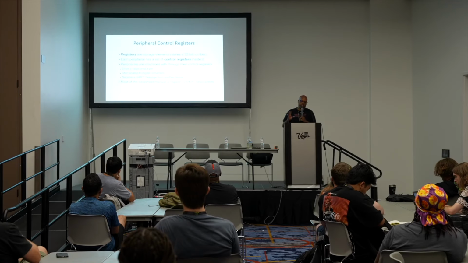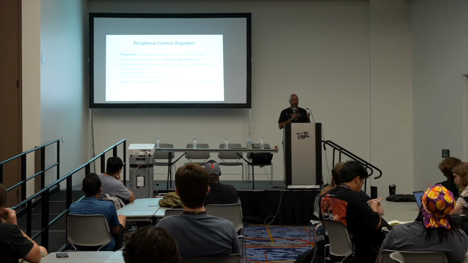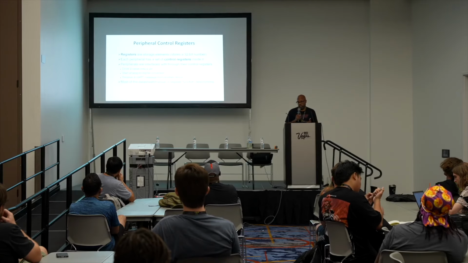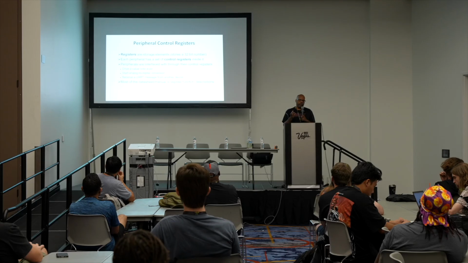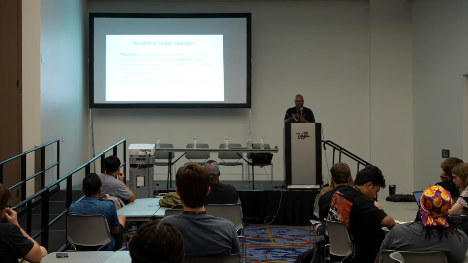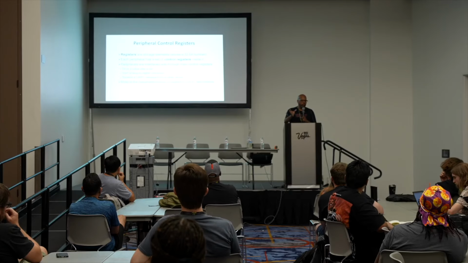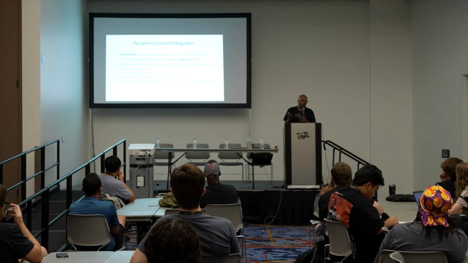Peripheral control registers. Okay, so when you're writing code, you have to control these peripherals and tell them what to do. So peripherals are controlled through registers. Now a register in a chip is just a storage element, like a 32-bit register. These are 32-bit devices, so they have 32-bit registers. It just stores 32 zeros and ones.